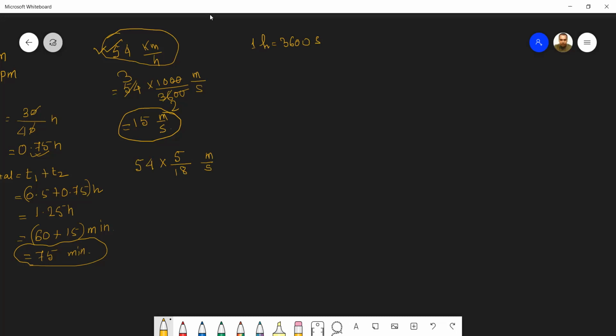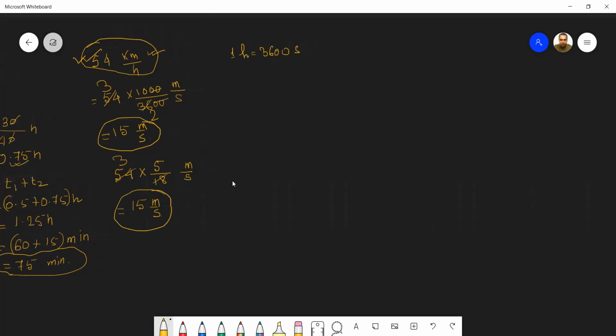So 54 kilometer per hour, multiply by 5 by 18, and we will get 15 meter per second. Okay, so this way also we can convert kilometer per hour into meter per second. I hope you have understood this answer also.